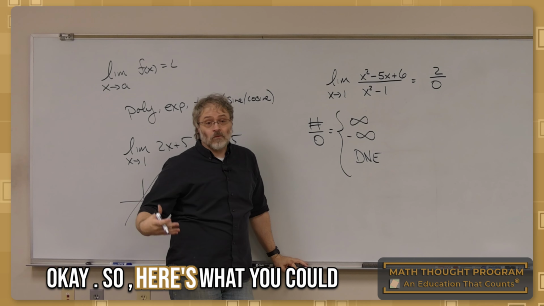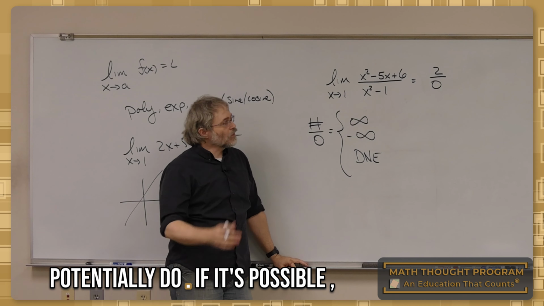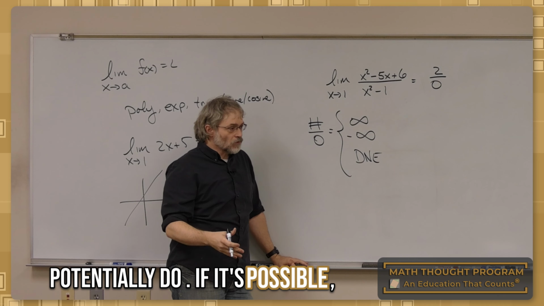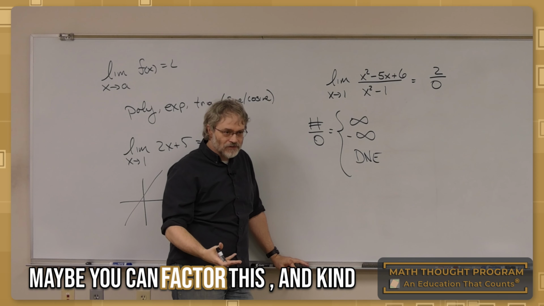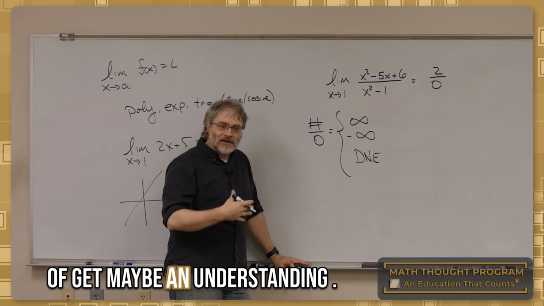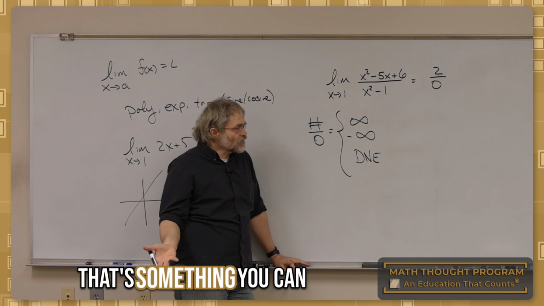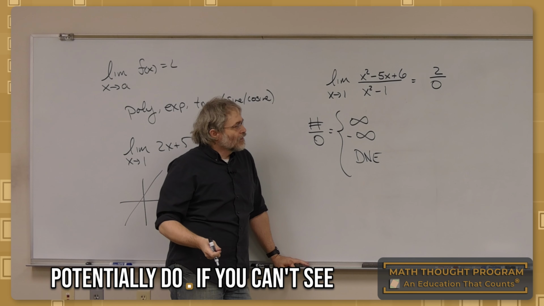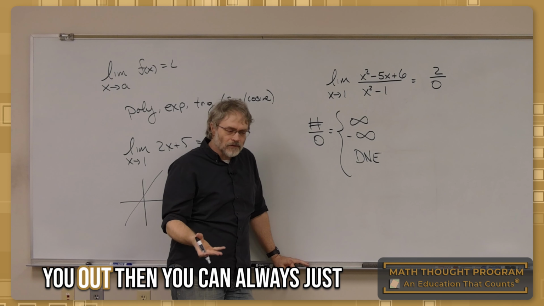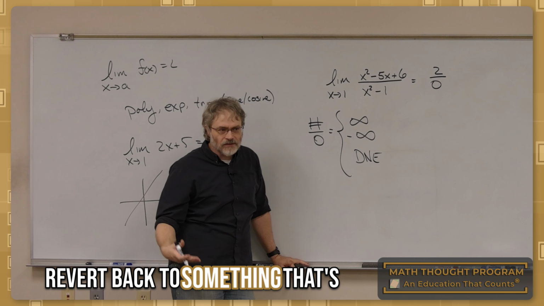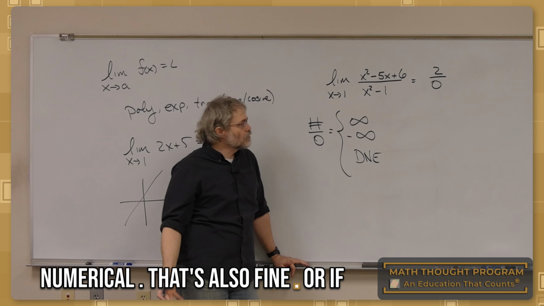Here's what you could potentially do. If it's possible, maybe you can factor this and get an understanding. That's something you can potentially do. If that doesn't help you out, you can always revert back to something numerical. That's also fine.